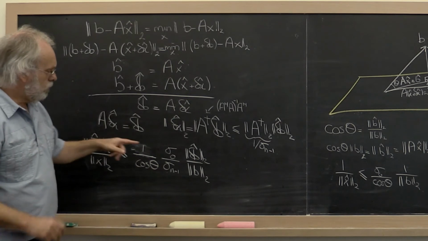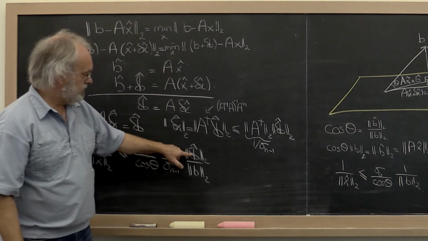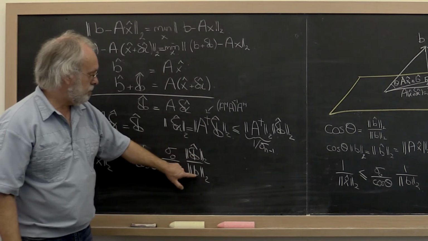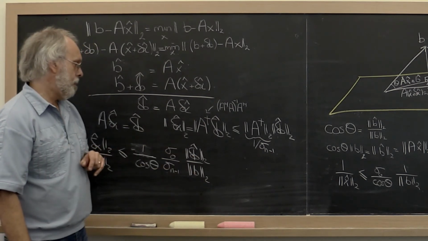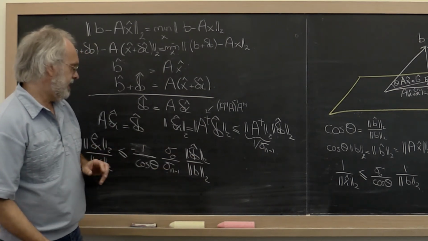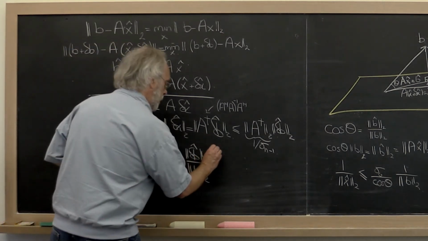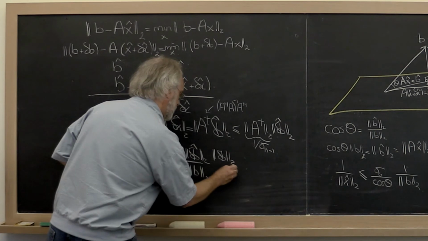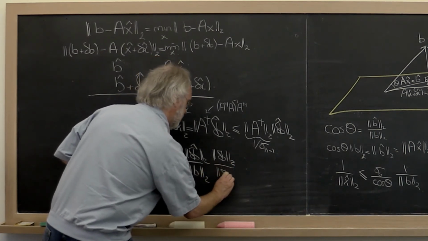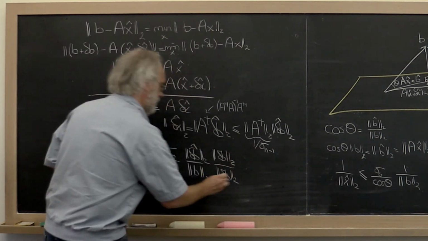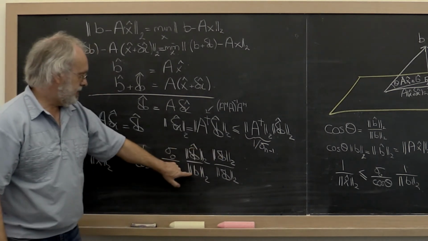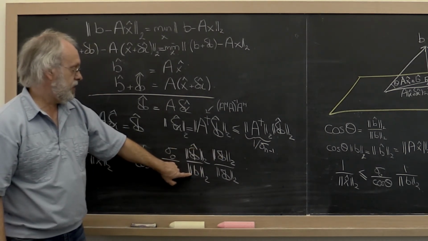Now that's not quite what we want. What we really want is the relative change in B, which means we want delta B divided by B. How can we get there? Well, we can multiply by 1. And then this divided by this is exactly the relative change in the right hand side.